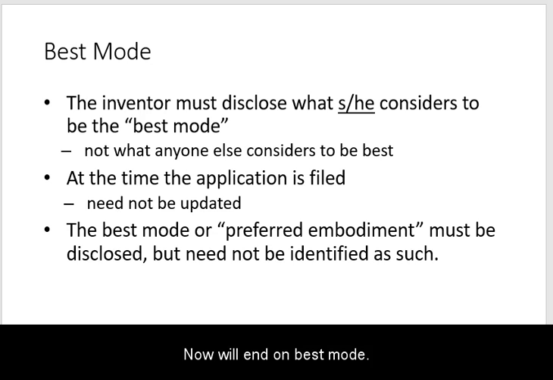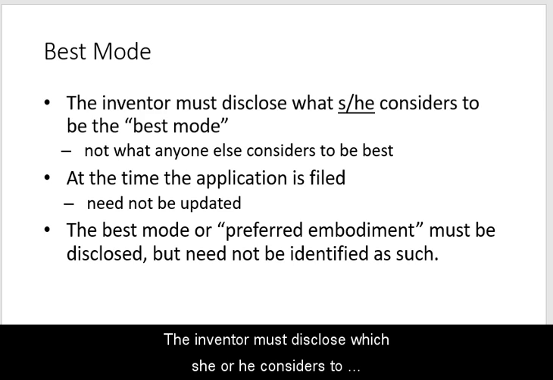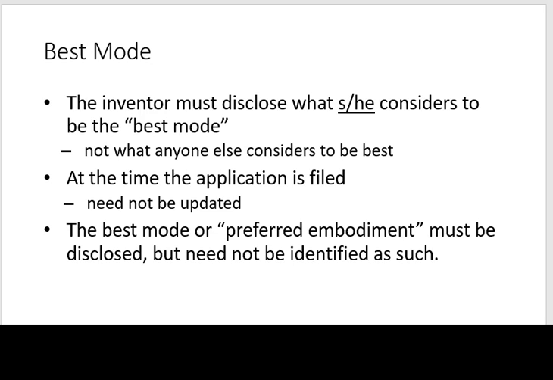Now, we'll end on best mode. The inventor must disclose which she or he considers to be the best mode of building the invention, the best mode of performing the method.